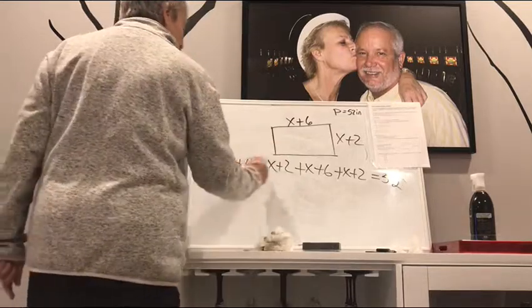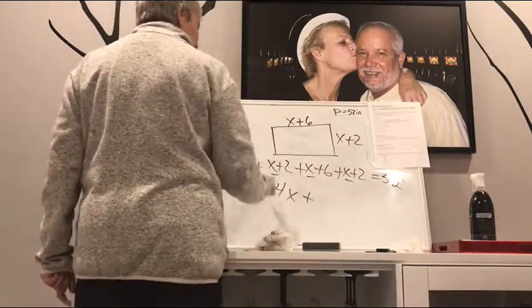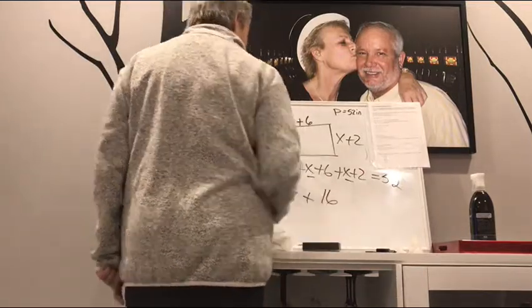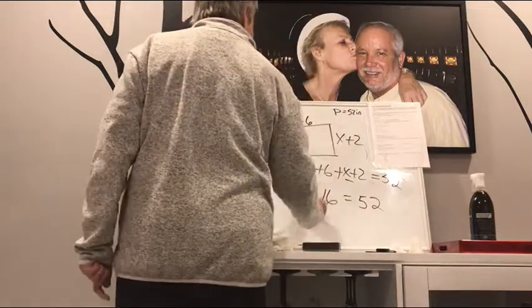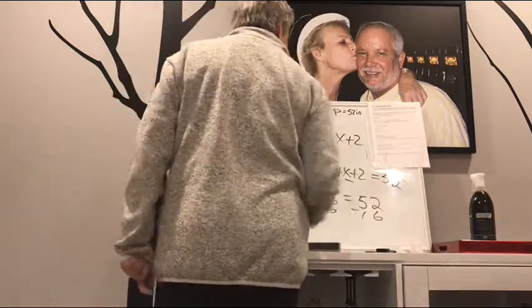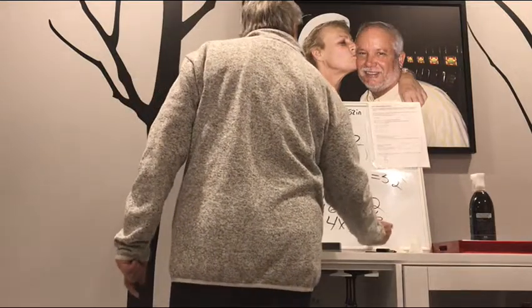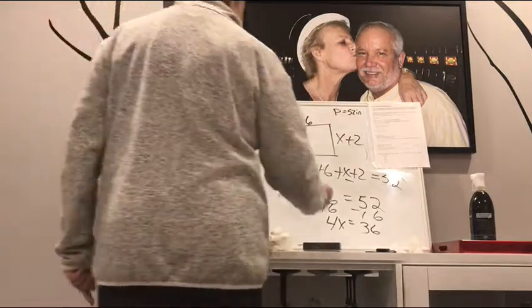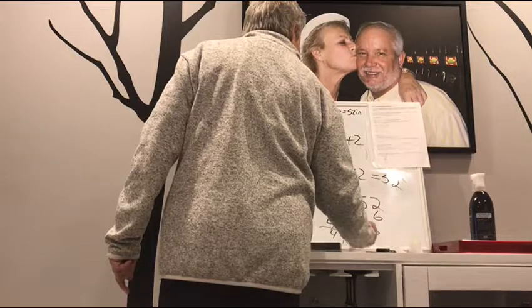Let's add like terms. 1, 2, 3, 4x plus 8, and 8 is 16, equals 52. Now I'm going to subtract 16 from both sides. 4x equals 36, I believe. Divide by 4, x equals 9.